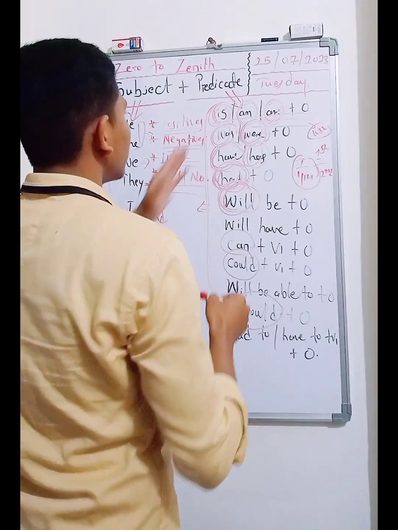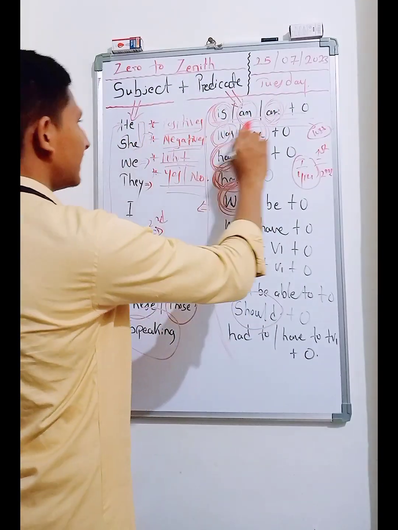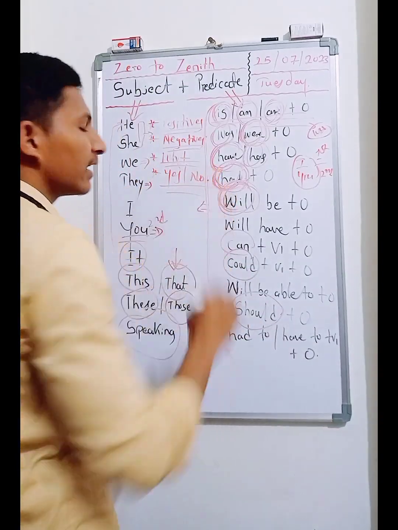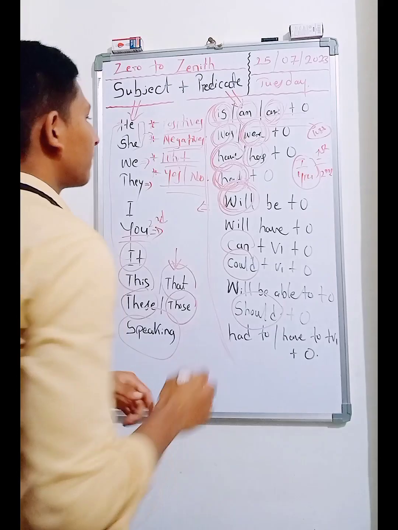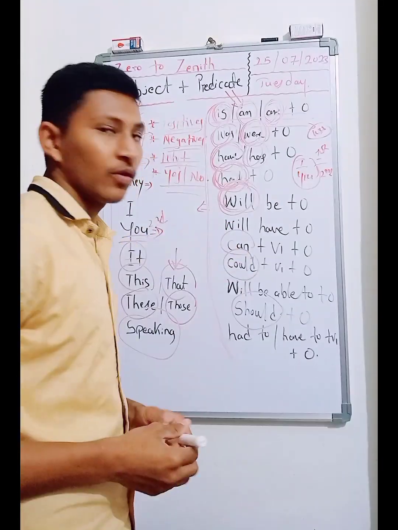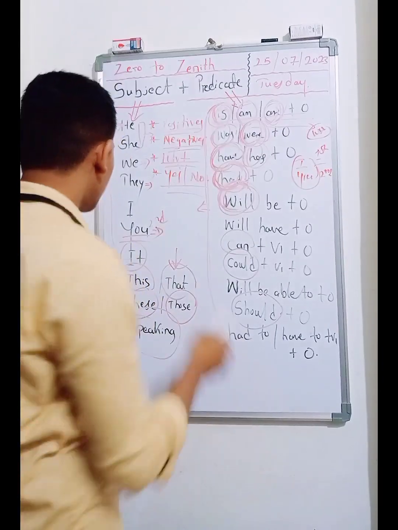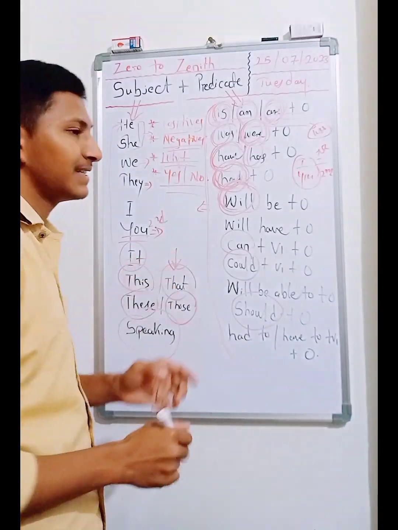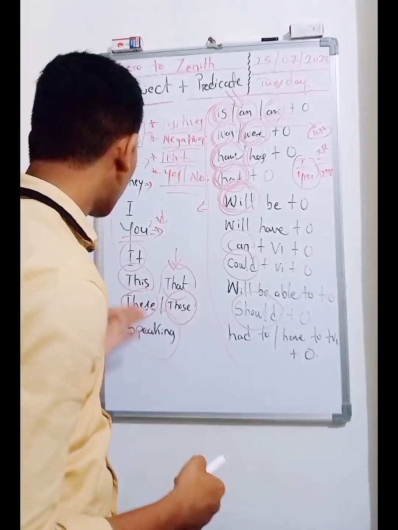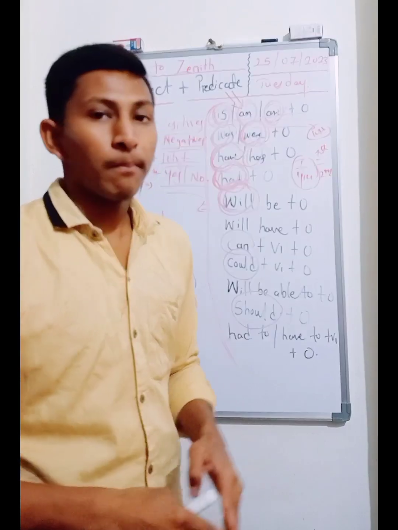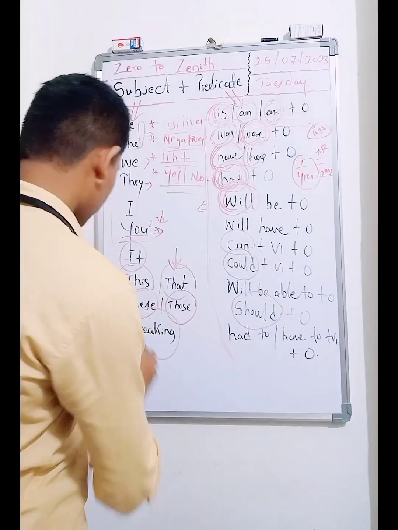So he is going to school, she is playing cricket, we are reading books, they are in the library, I am going to home, you are very good intellectual, it is bad thing, this is my pen, that is my car, these are my books, those are our classrooms.